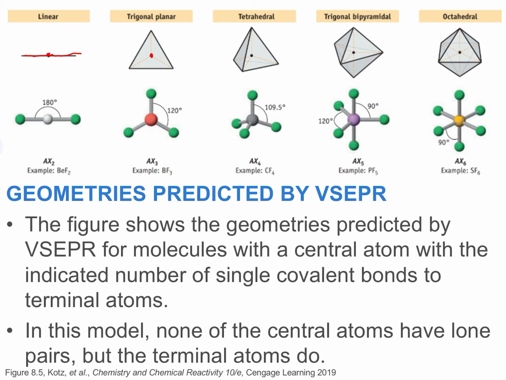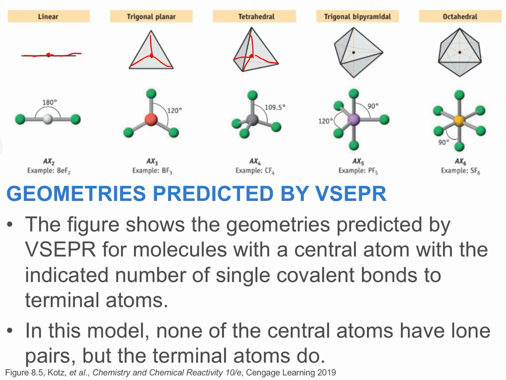If I have a central atom with 3 regions of electrons, then they will be trigonal planar. This is in a plane, and the bond angles are 120 degrees. Tetrahedral, the farthest you can get, is to the corners of a tetrahedron. So we have a 3-dimensional shape, and each one of these angles is 109.5 degrees.